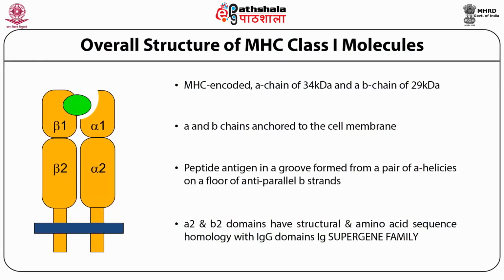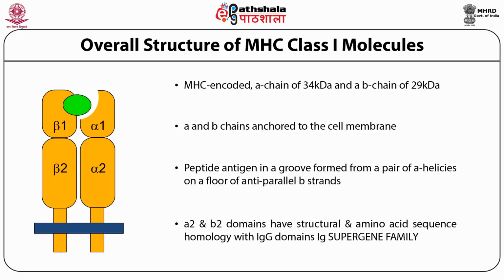To see the structure of the class 2 molecule, this entire class 2 molecule is made up of 4 domains. These are alpha 1, alpha 2, beta 1, beta 2, and these 4 domains constitute the MHC class 2 molecule. When the protein has undergone processing by the APC, the epitope that is delivered to the T cell, bound to the MHC molecule, should be of higher amino acid length.